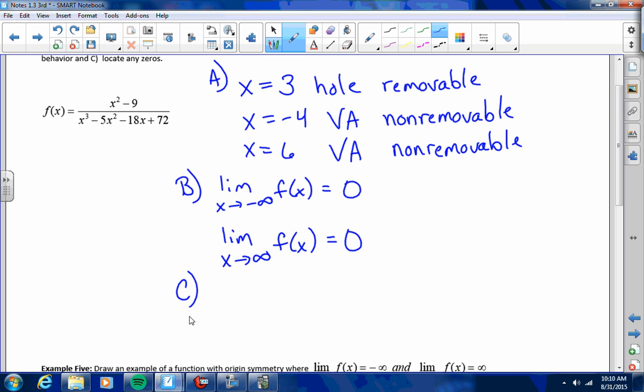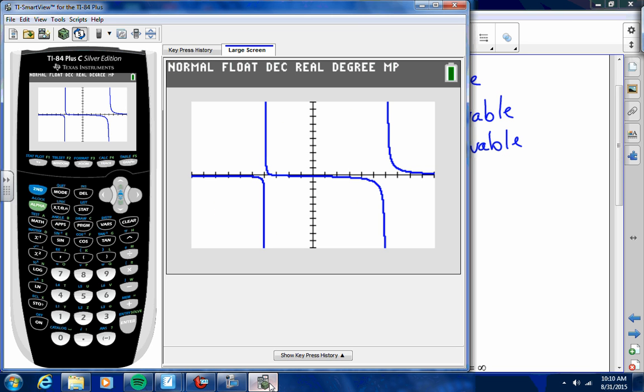And then part C, I need zeros. Where is this function crossing the x-axis? Is it crossing at 0, 0? What's one way we could find it?